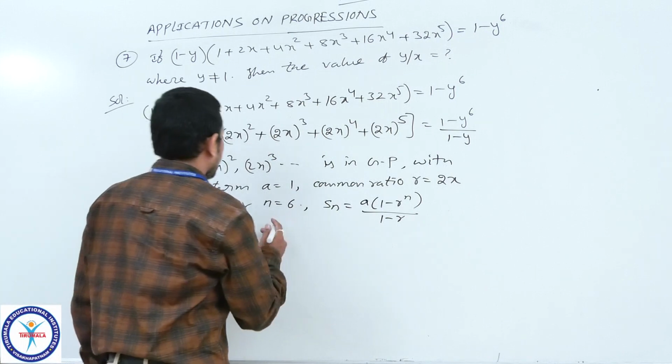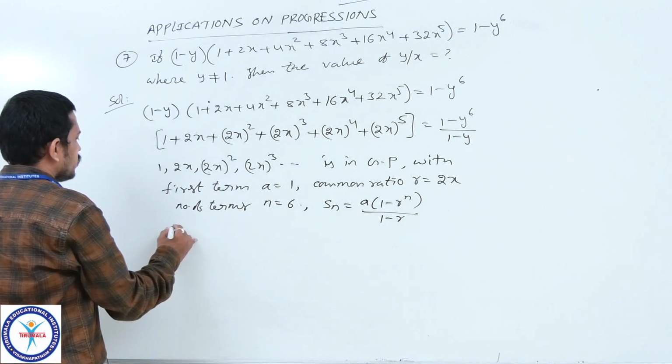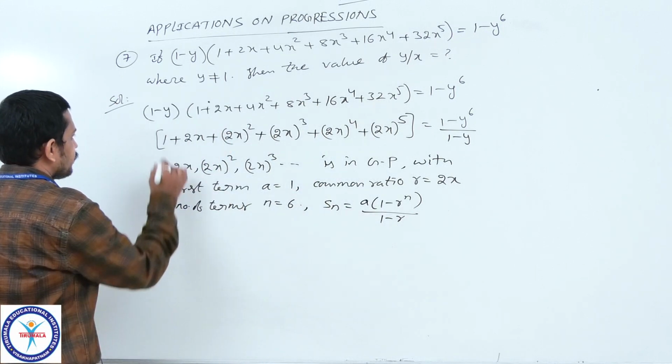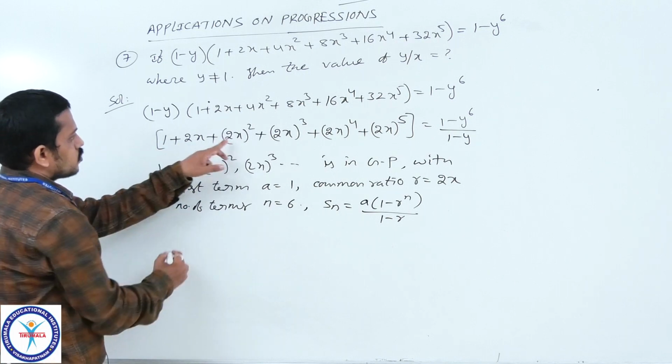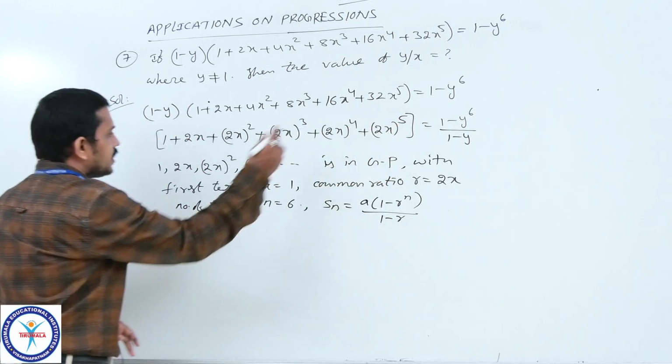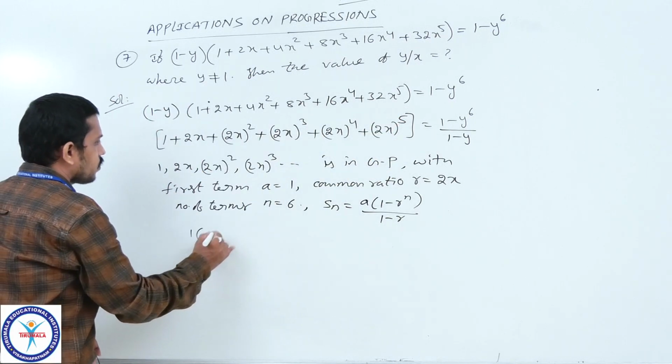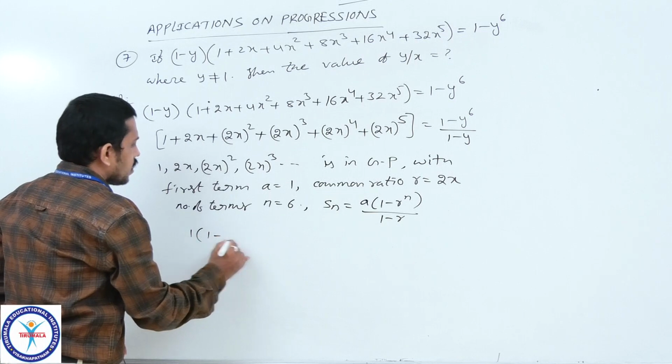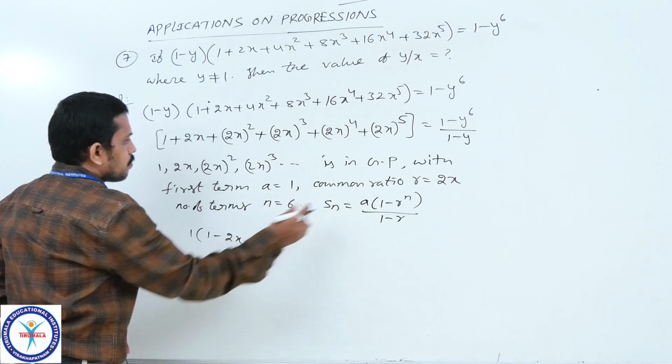So by substituting, 1 + 2x + (2x)² + (2x)³ and so on plus (2x)⁵ is equal to a(1 − rⁿ) by (1 − r).